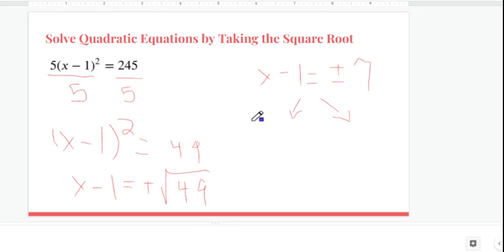I'm going to have x minus 1 equals 7, and I'm going to have x minus 1 equals negative 7. I'm writing two different equations, and I'm going to solve each of these equations separately to give me my two solutions. I'll do that by adding 1 to both sides of the equation.